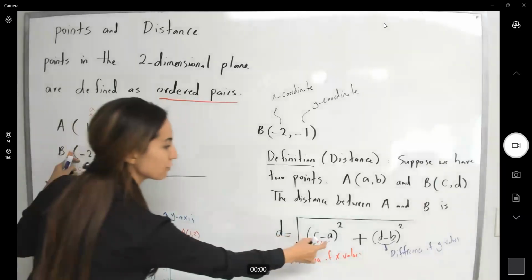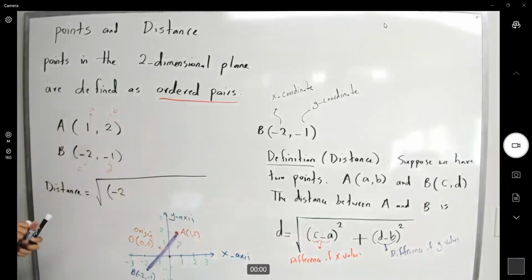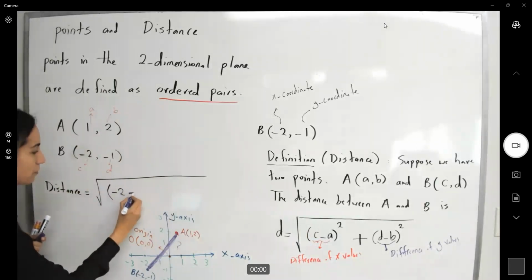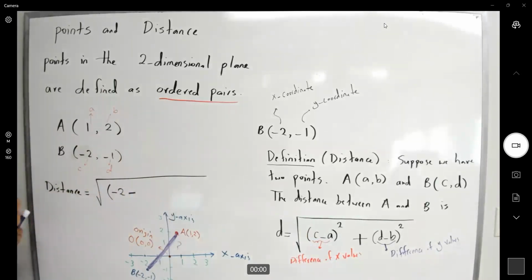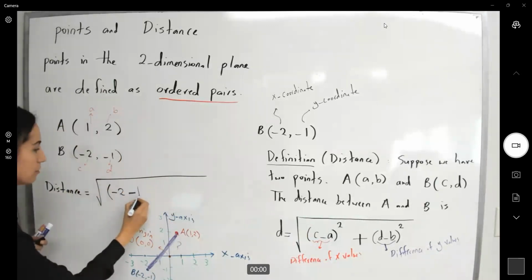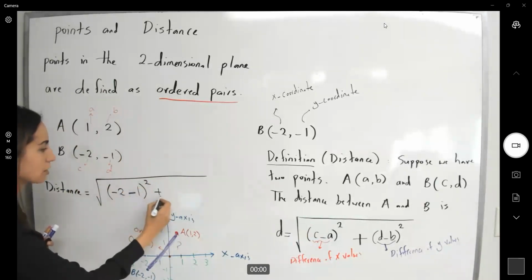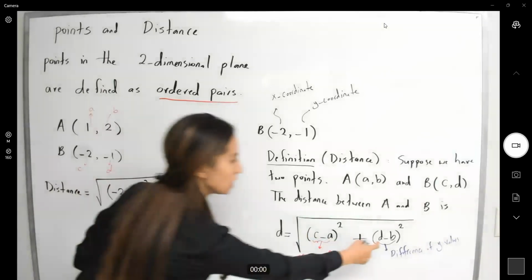In the formula, you have subtraction, so write down subtraction, minus A, which is 1, to the second, plus parentheses, D minus B.